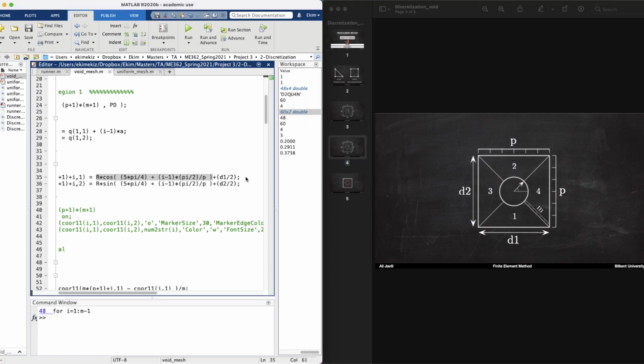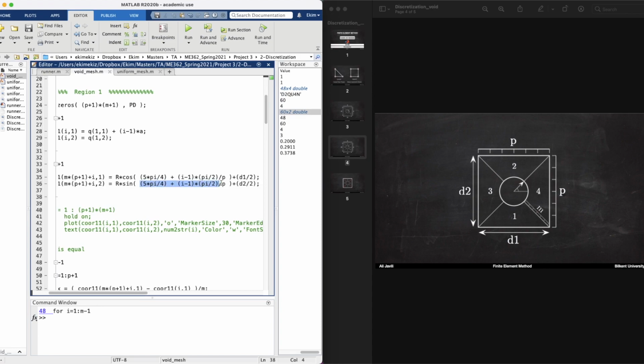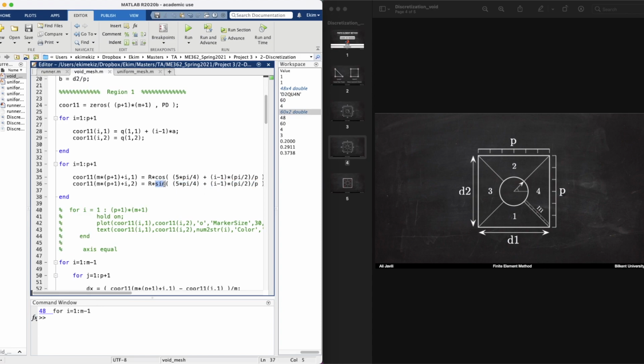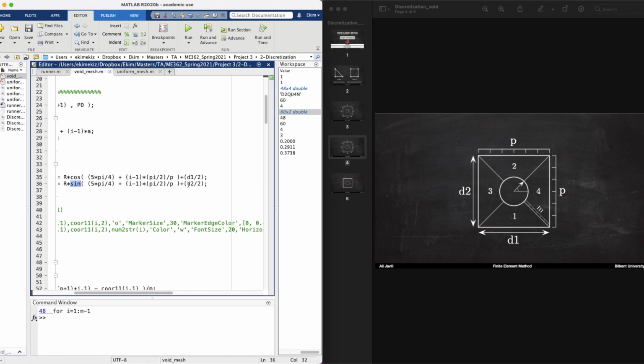So to its x coordinate, we should add d1 over 2. And then for the y coordinate, you will see that we have the same expression. This time it should be the sine, and we add d2 over 2 because it's at d2 over 2 on y. So this is how we generate the nodes on this line.